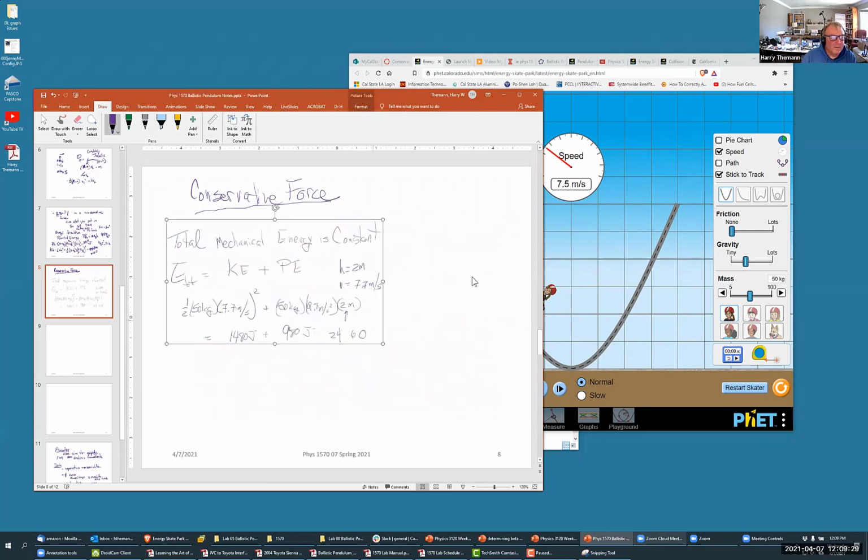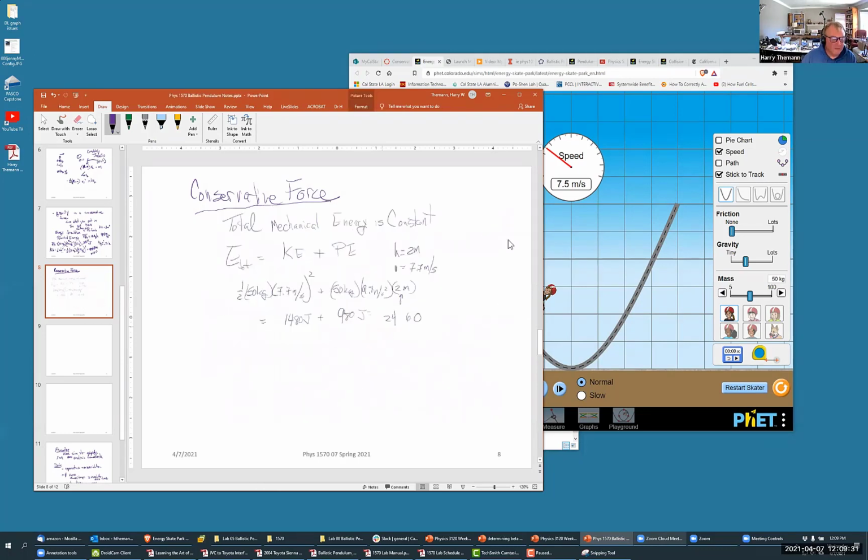So for a conservative force, the mechanical energy is constant. So what this implies, and it's the usual strategy too if you do these for test or homework problems, usually what you do is you find PE max, and then this means KE is equal to 0.